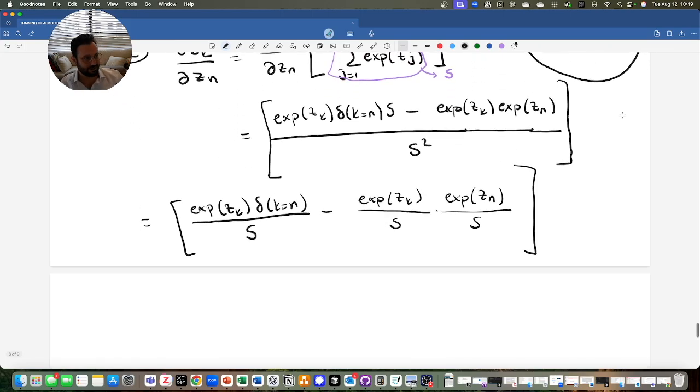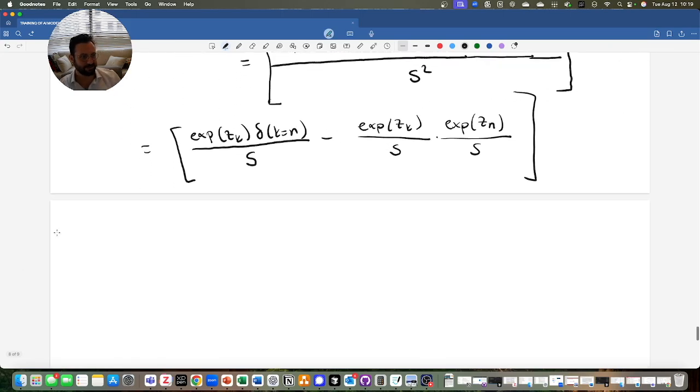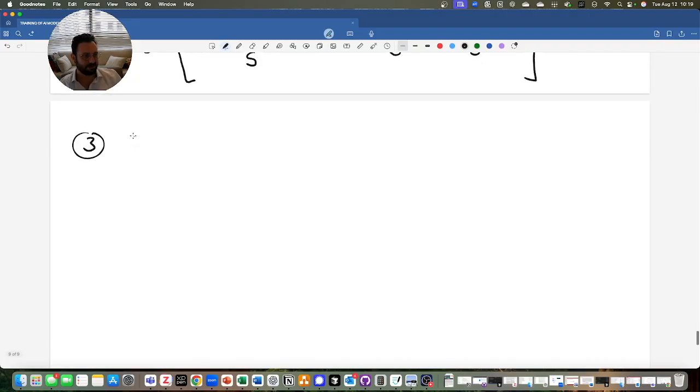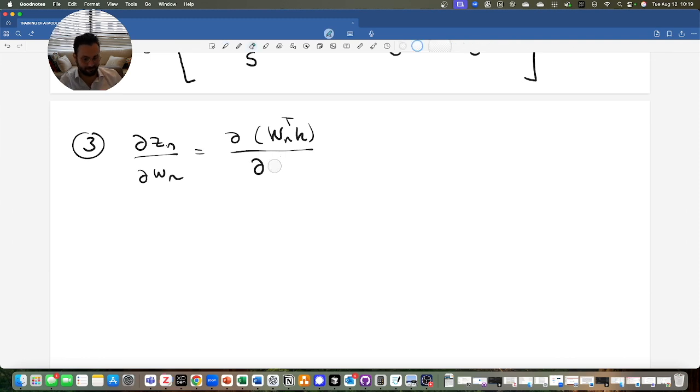And the third part is even simpler. The third was d over dwn of zn, which is dwn transpose h divided by dwn, which is going to be my h, right?